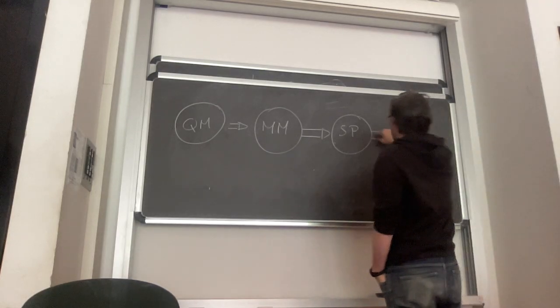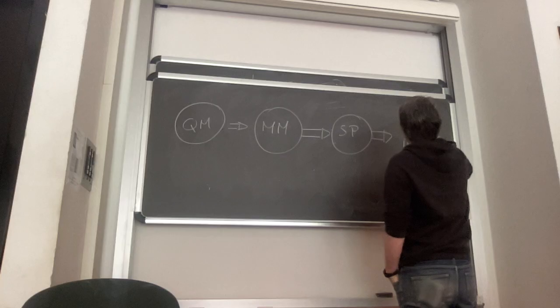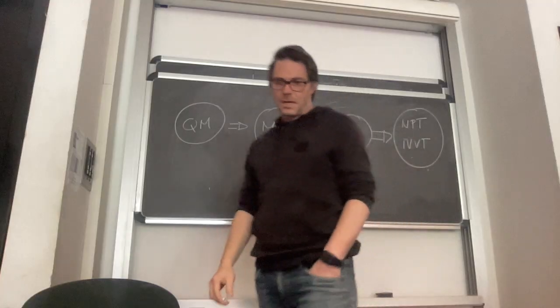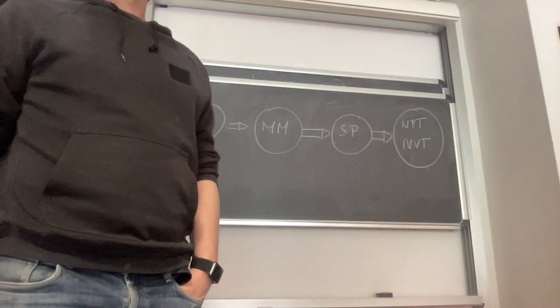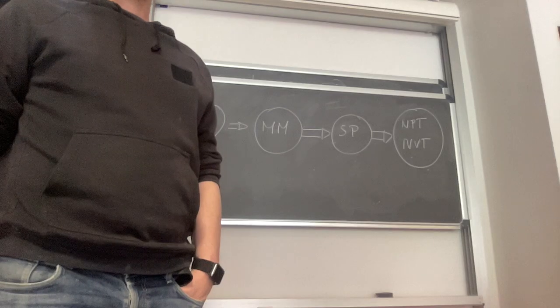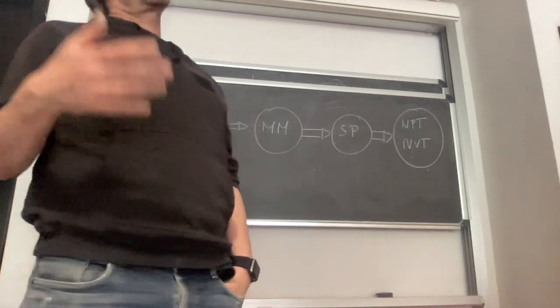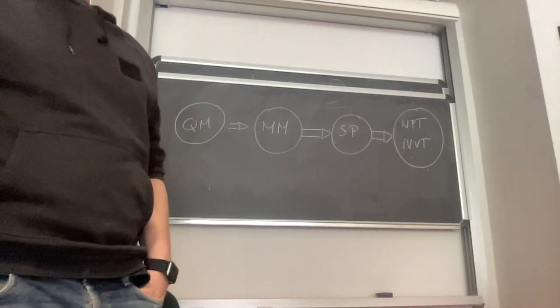And by this, we arrived to two ensembles that we know how to sample in principle. They are based on applying the leapfrog algorithm, but not to the original set of degrees of freedom, but to an extended set of degrees of freedom. Okay?